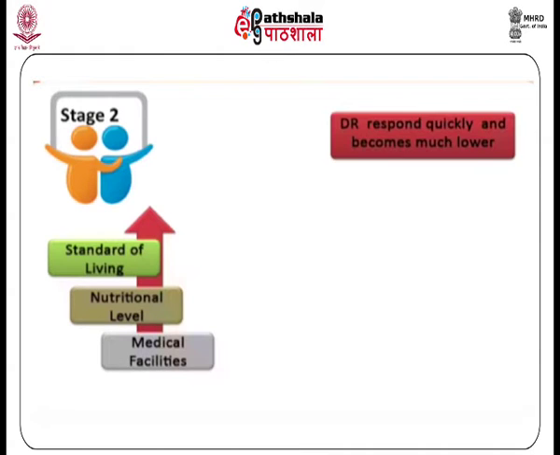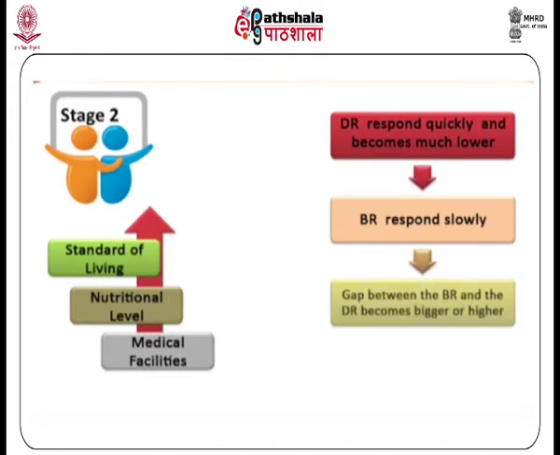The death rate is quick to respond and becomes much lower within a decade or two. But the birth rate, being determined by socio-cultural patterns, religious and other traditions, is slower to respond. It falls, but much more slowly.